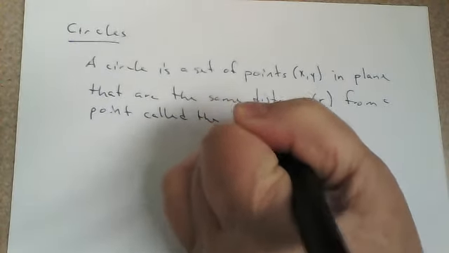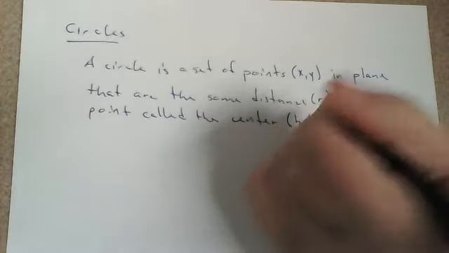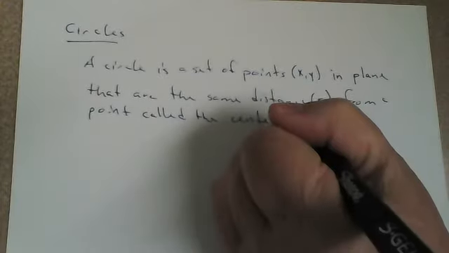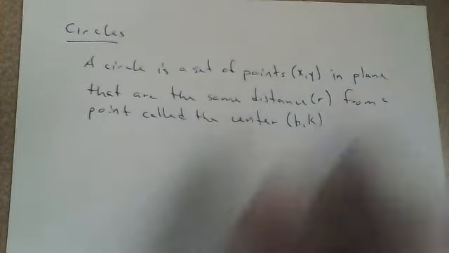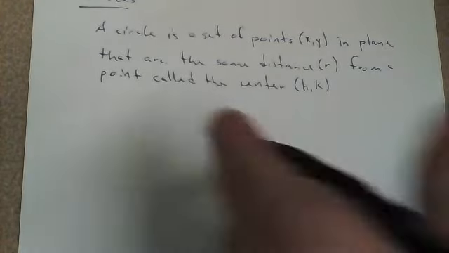When we talk about the center of a circle, we use HK. They're still just XY coordinates, but we call the center HK just to distinguish that it's actually the center. And the way that we can find the length of the radius is we use the distance formula, right? And we went over the distance formula, I'm pretty sure we did just recently.